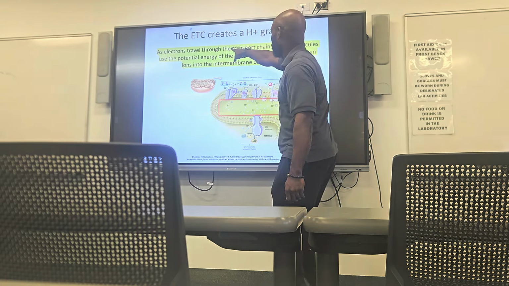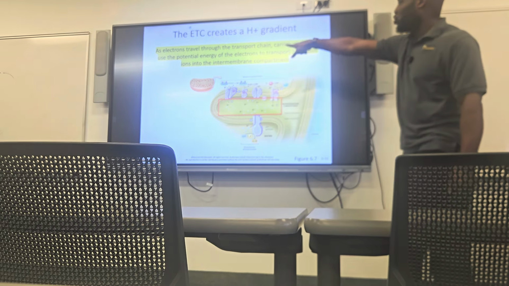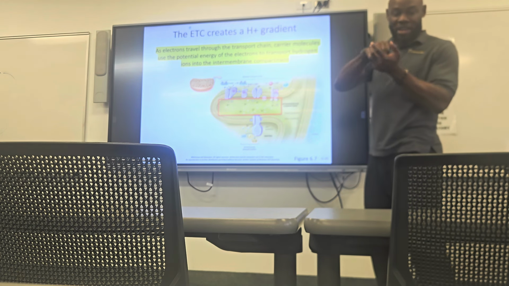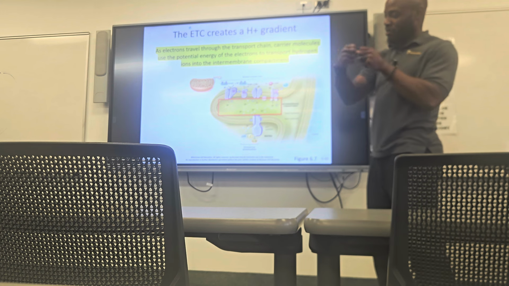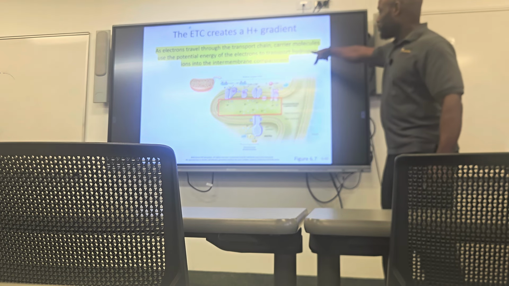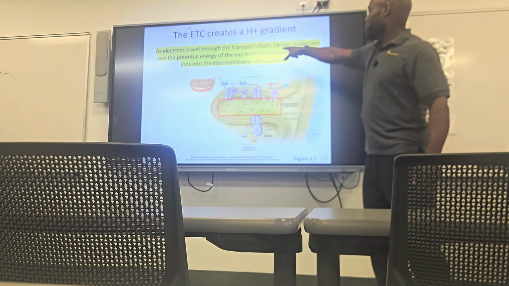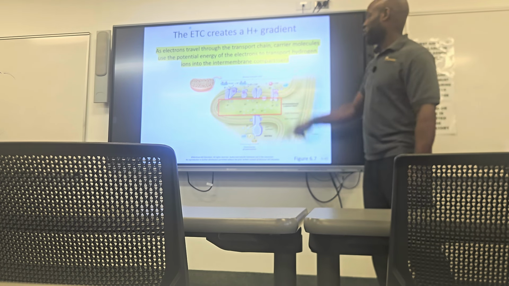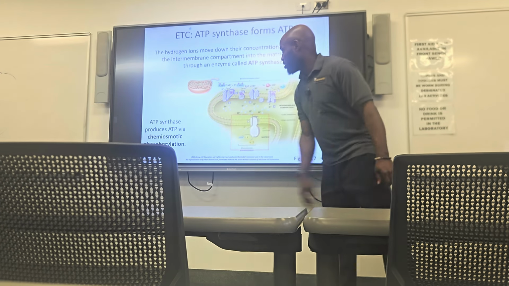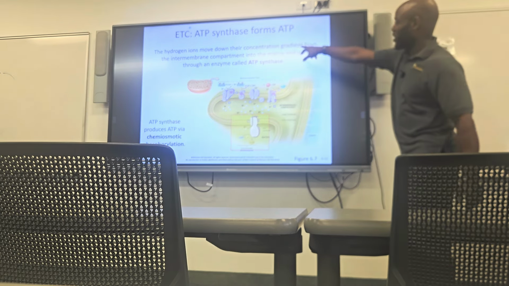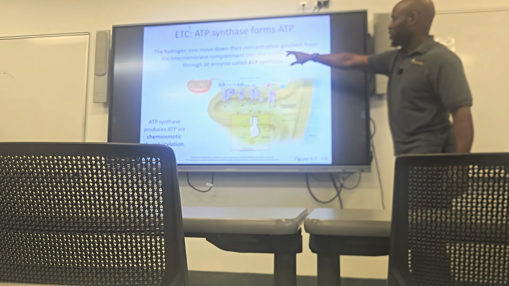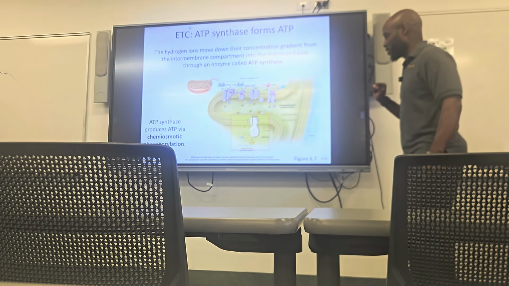All right, so as the electrons travel through the transport chain, carrier molecules use that potential energy of the electrons. So with this NADH, I break the bond between these electrons and transport them, and I use the energy of the electrons to transport hydrogen ions into the intermembrane compartment. They move down their concentration gradient into the matrix and pass through an enzyme called ATP synthase.